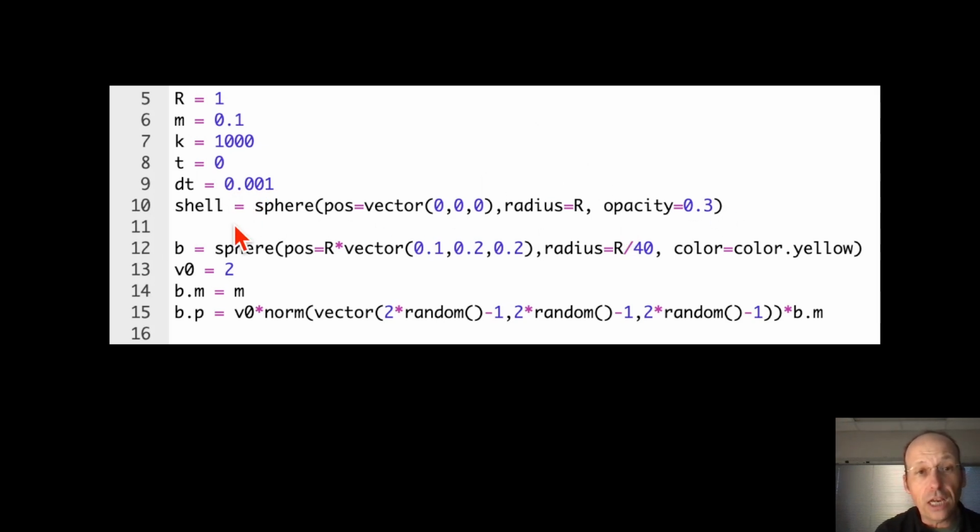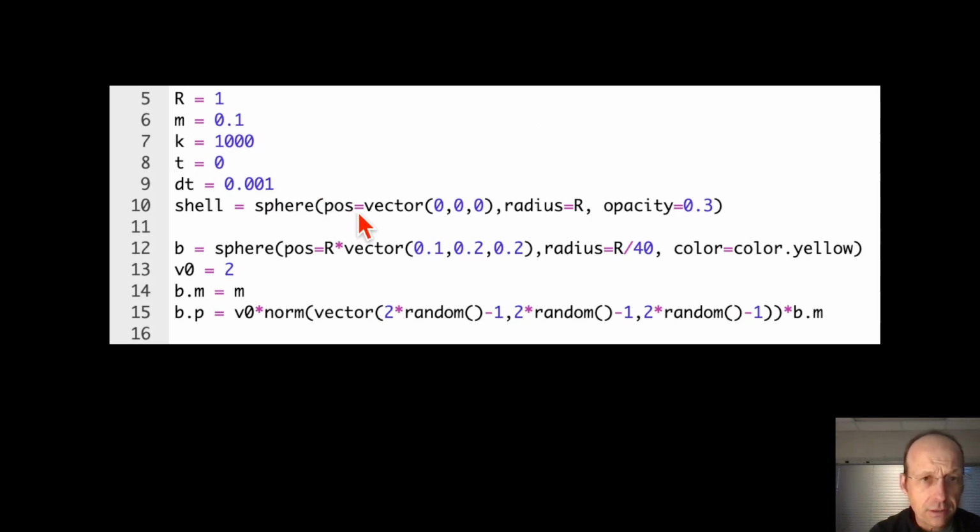This right here, shell, is my container. It's a shell. And it's an object type of a sphere, which is built into WebVPython. You'll notice this is an actual real Python. I don't have to pull it from a module. The whole thing's already loaded. So I don't have to say what module it's from. You can run this in real Python, but I'm not. So the sphere has different attributes you can assign.